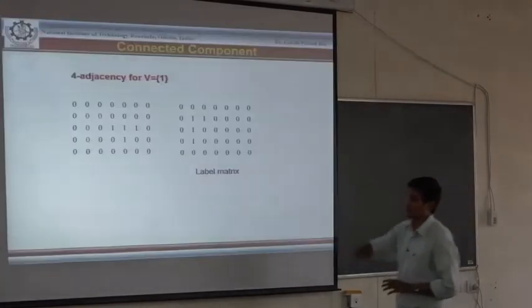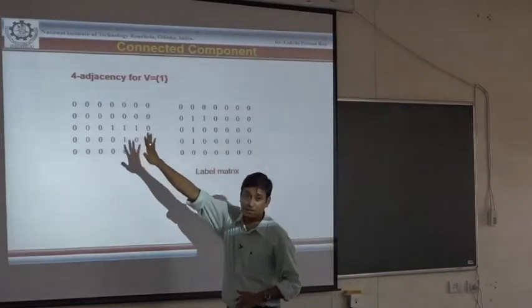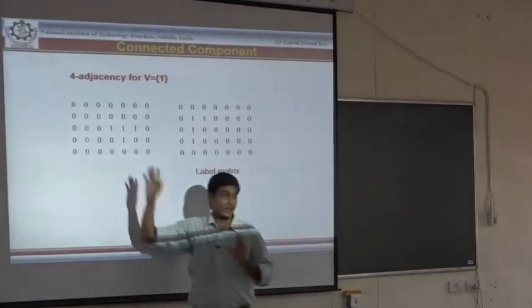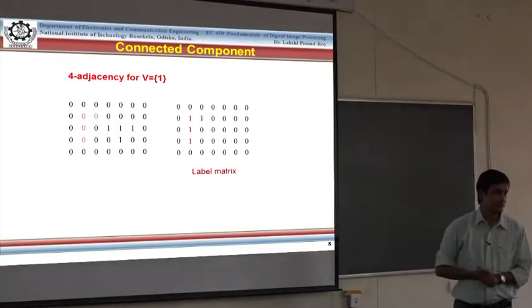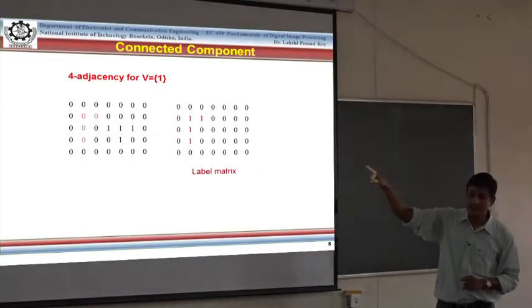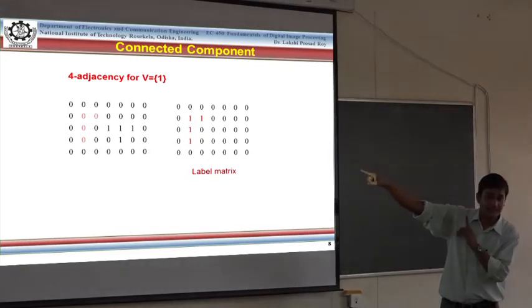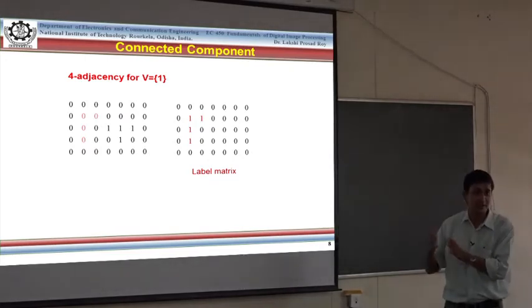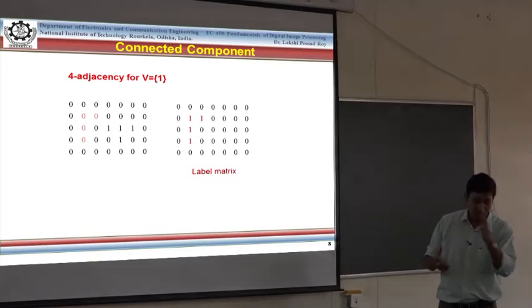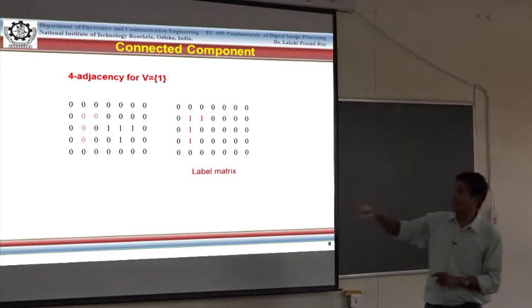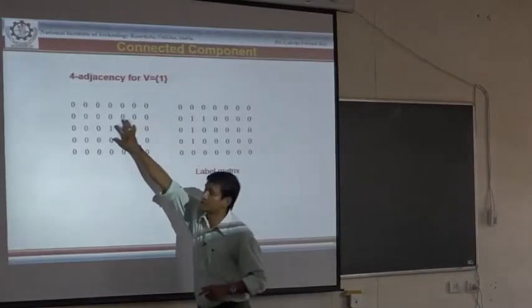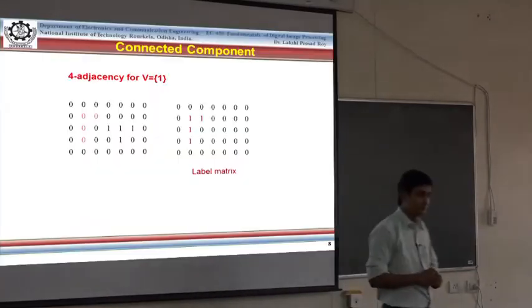What is the image? The image was what we took earlier with ones here. I will come to that at the end. My job is not over actually, because I am saying still in that image a few ones are remaining. The only thing is, I stopped my search immediately in between because I didn't get any N4 path. Let me identify another location out of this, any one of it.